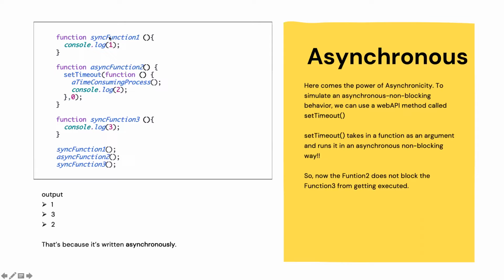So if function 1 is a synchronous function, function 3 is a synchronous function, and function 2 is an asynchronous function with a long time consuming process, our output will be something like this. Output 1 will be done, 3 will be done, our screen, our browser will be responsive. And whenever this time consuming process ends, then that will be handled. JavaScript knows how to handle that.